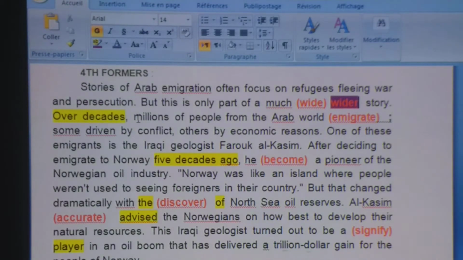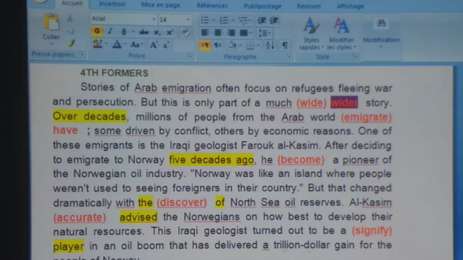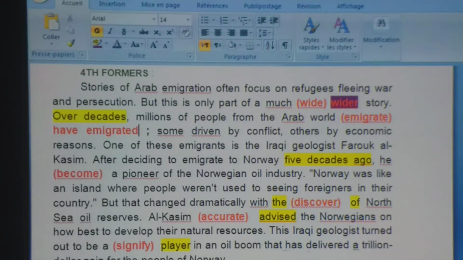So this is the subject, okay? Millions of people, so it is plural. Good. So have or has, so it is have, okay? Nice. So I write here, have emigrated. So this is the use of the present perfect. So have emigrated. That's nice.